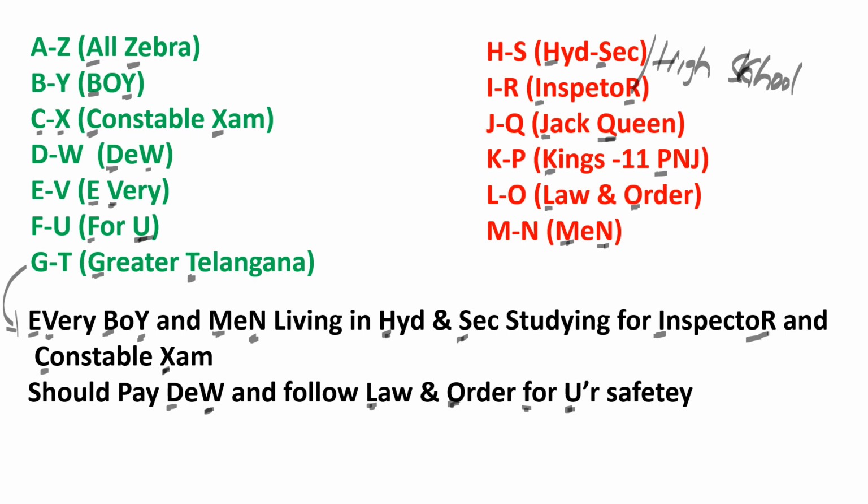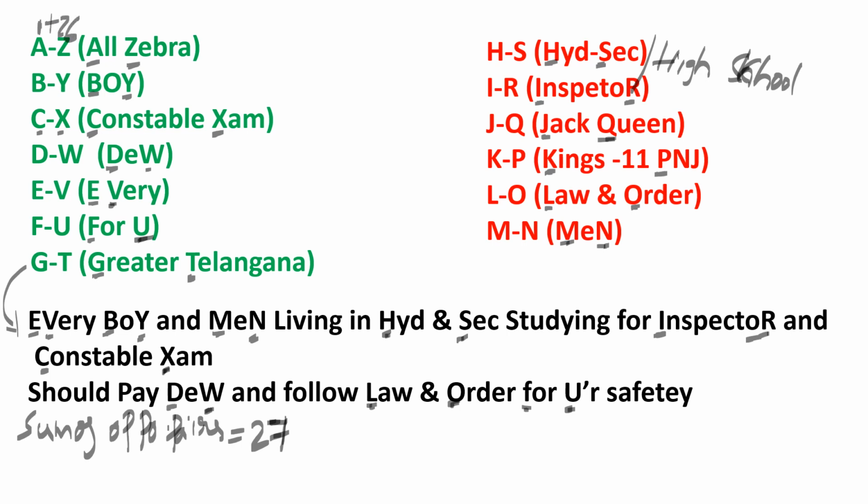Apart from this, you can also see that the sum of opposite pairs is equal to 27. If you look here, A is 1, Z is 26.